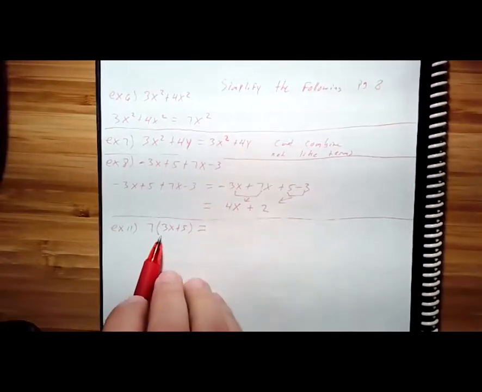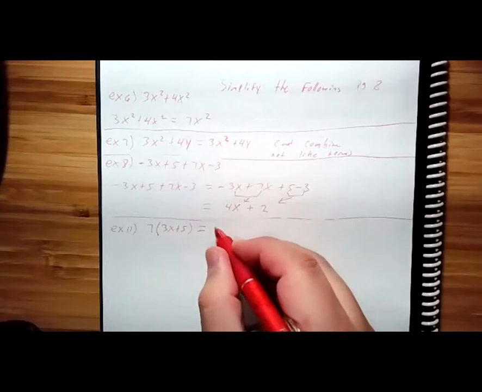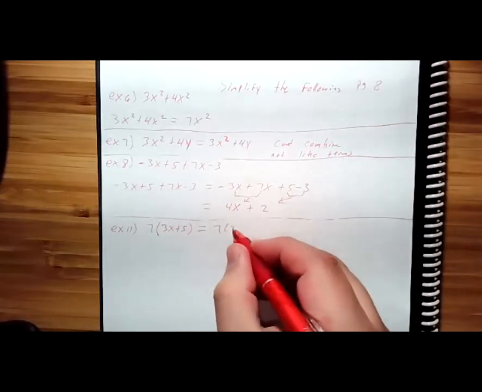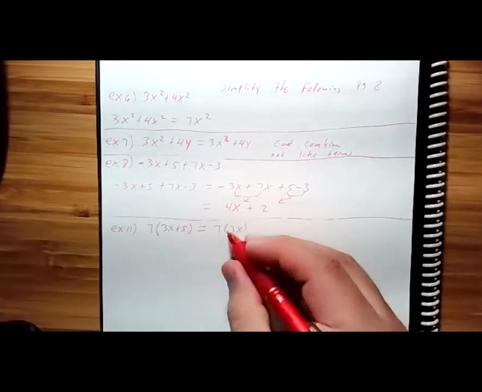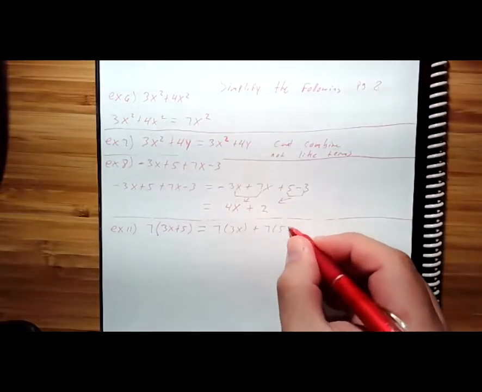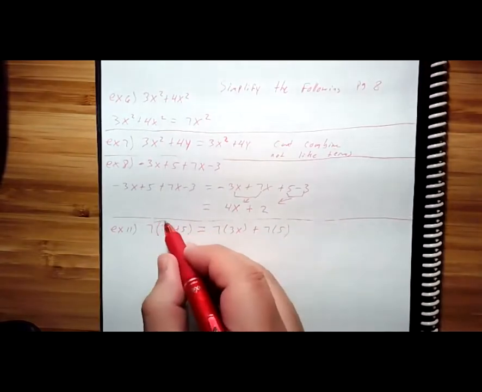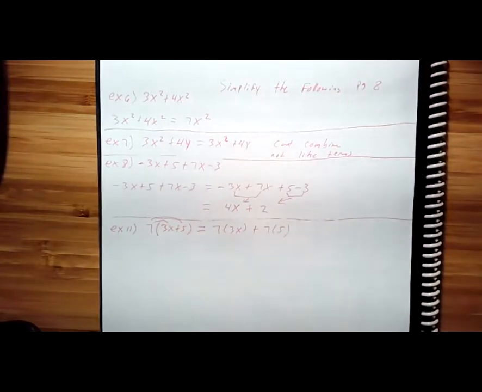When we have parentheses and a number in front, we have to distribute the 7 into both terms. So 7 times 3x plus 7 times 5. So I put the 7 on both pieces, right?